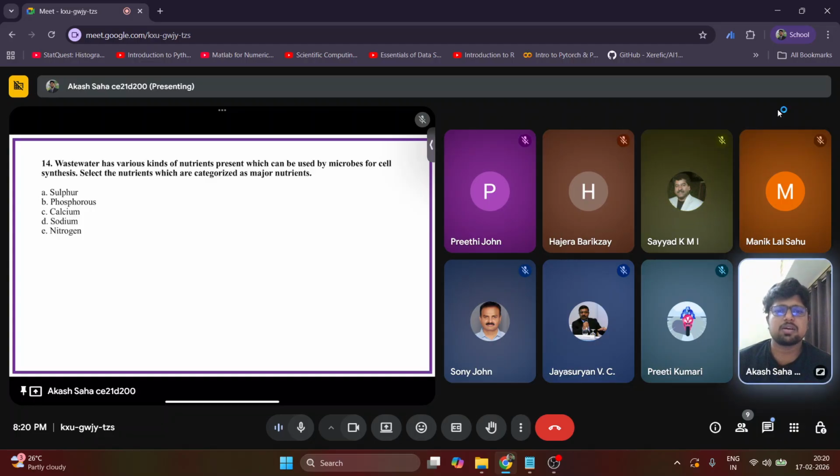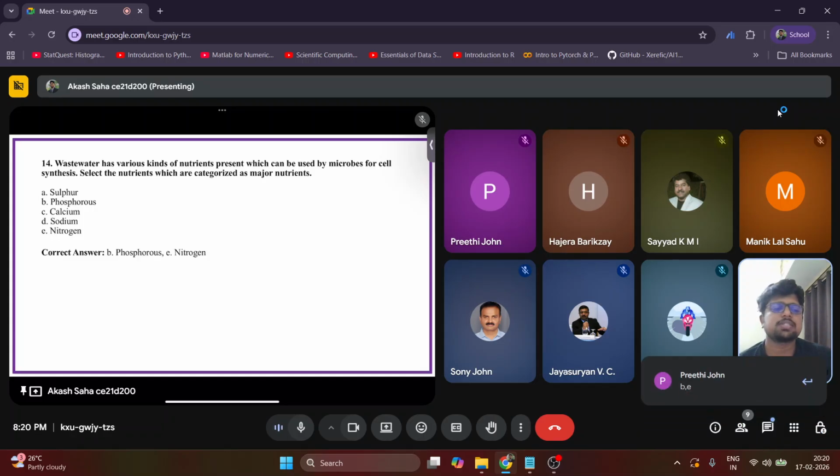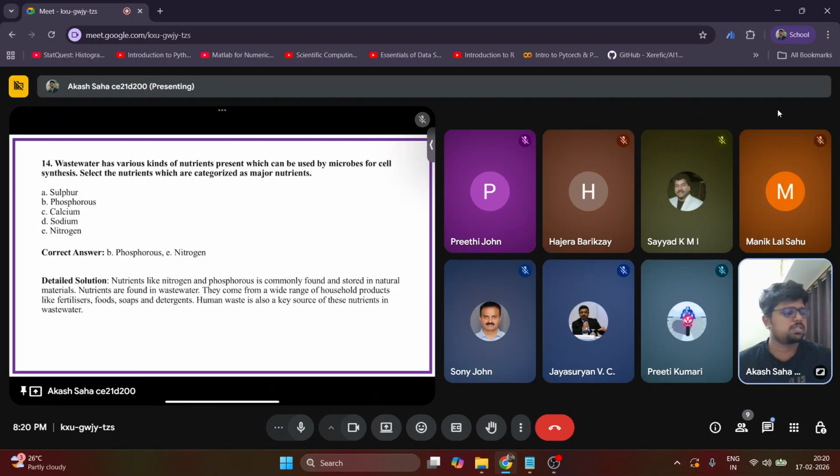So here we are talking about cell synthesis. With respect to that, the major nutrients that we generally call are phosphorus and nitrogen. Okay. So other things are the minor nutrients. We don't focus much on them. We mostly focus on nitrogen and phosphorus.